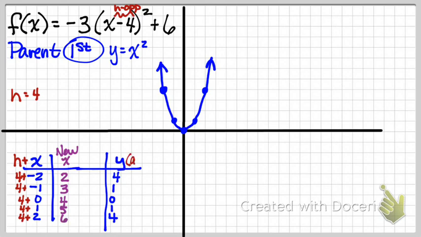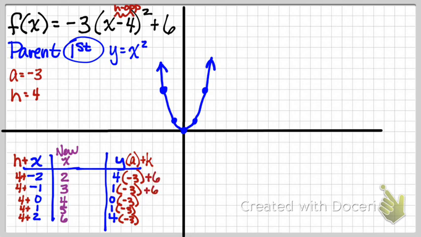We multiply y by a, and then we will add or subtract k. What's my a value? Negative 3, so I'm going to multiply everybody by negative 3. And what is my k value that I'm going to be adding? 6. So I'm going to add 6 to everything after I multiply it by negative 3.